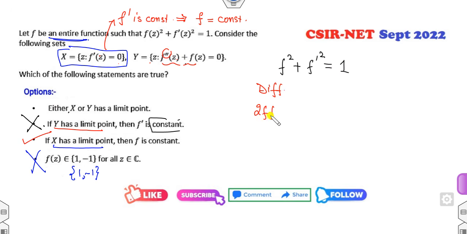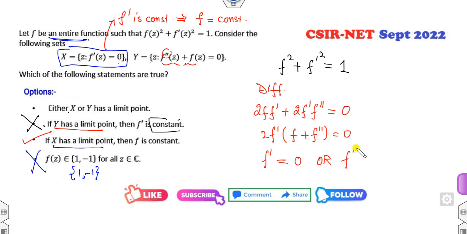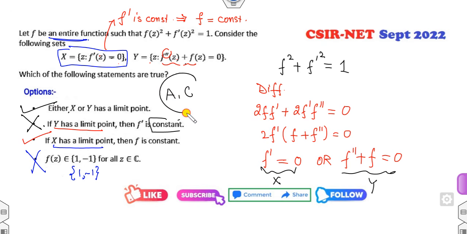So 2f f dash plus 2f dash f double dash is my 0. 2 is common, f dash is common: f plus f double dash is 0. That means either f dash is 0 or f double dash plus f is 0. So clearly this is my x, this is my y. Fine. So either x or y is my limit point of this problem.